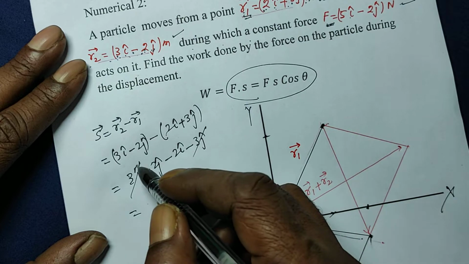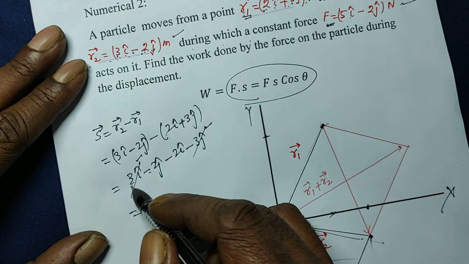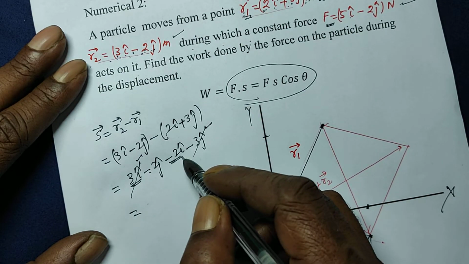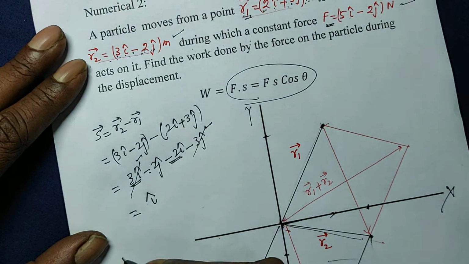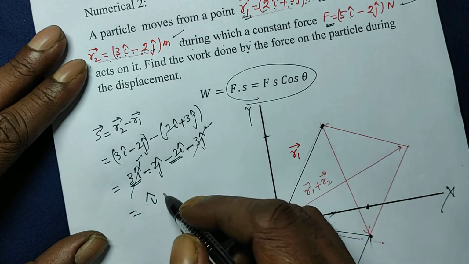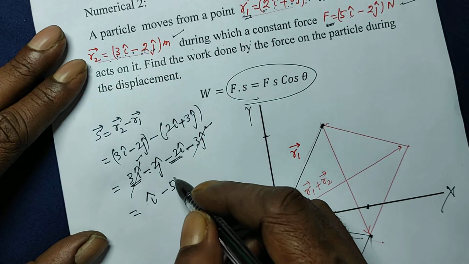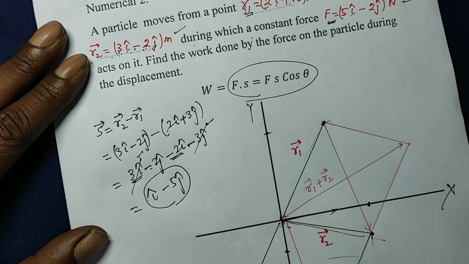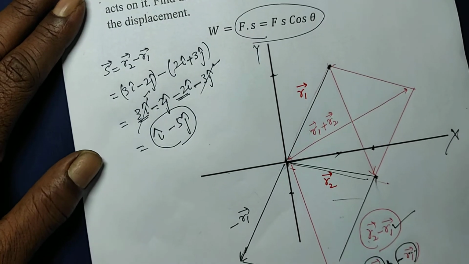Sorry, I made a mistake here. 3i cap minus 2i cap is equal to i cap, minus 2j cap minus 3j cap is equal to minus 5j cap. This is your displacement.